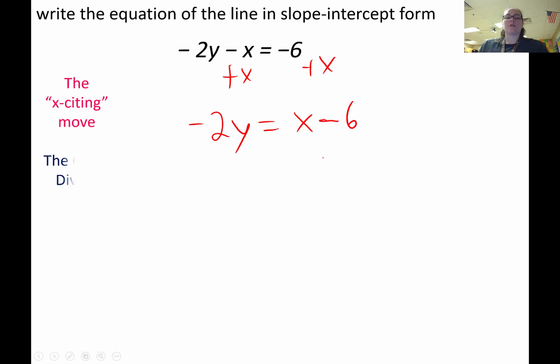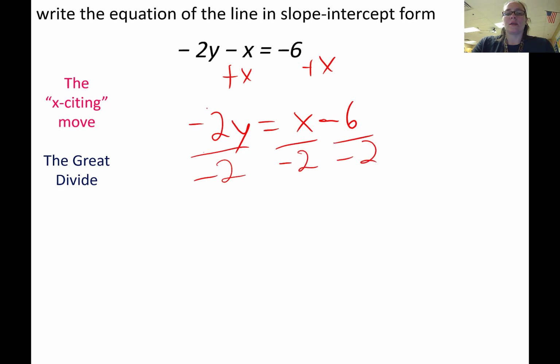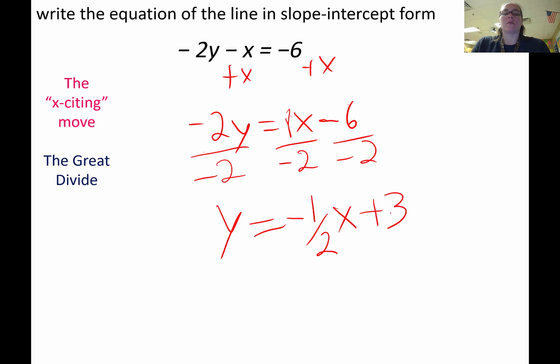Okay, then we're going to do our great divide and divide everything by negative 2, leaving me with y is equal to, well, remember we have that invisible 1 there, so we get a negative 1/2 x. Always pay attention when it's not 2. Now negative 6 divided by negative 2 gives me a positive 3.